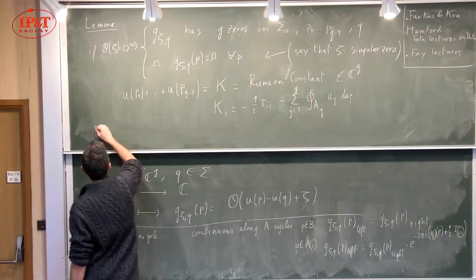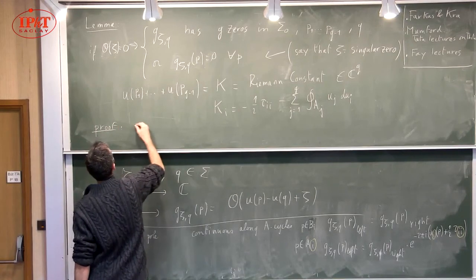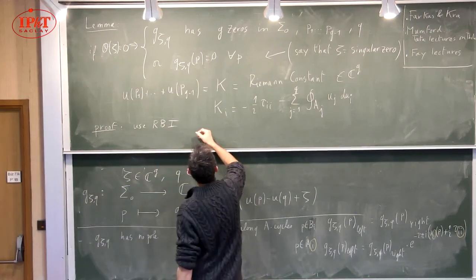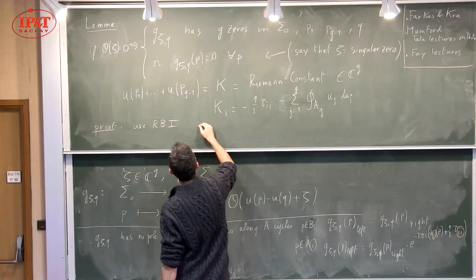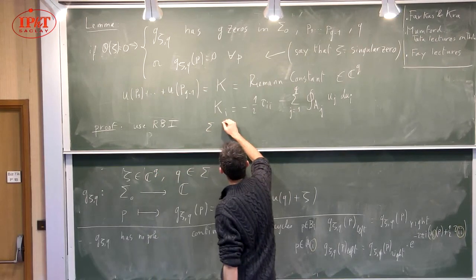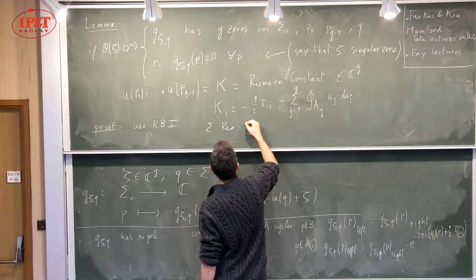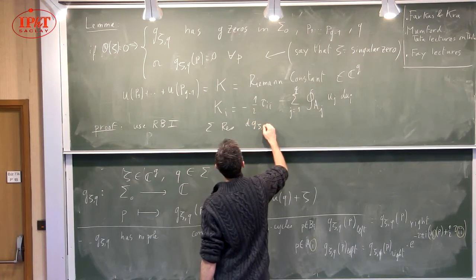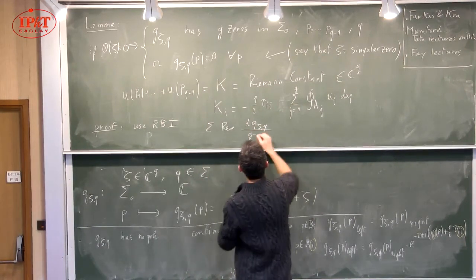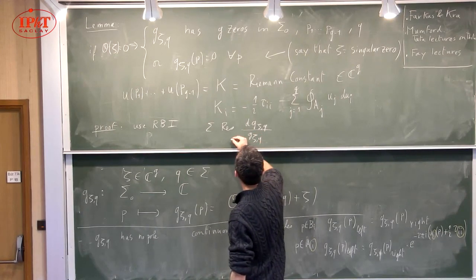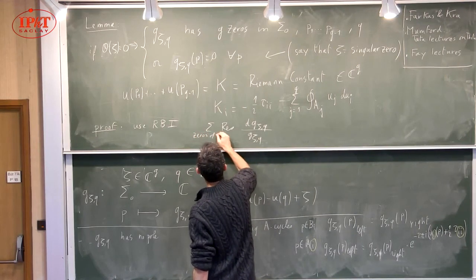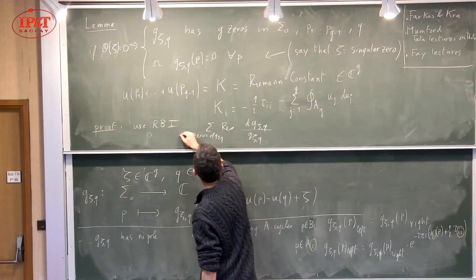So the proof is the Riemann bilinear identity, which means that you shall write, for instance, the integral over the sum of residues of d g zeta Q over g zeta Q. So you shall take the logarithmic derivative, sum of zeros of g zeta Q. So let's call them P_i.